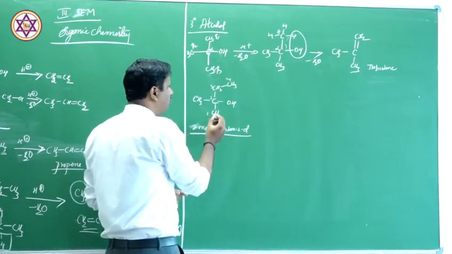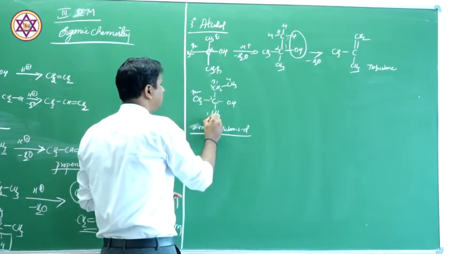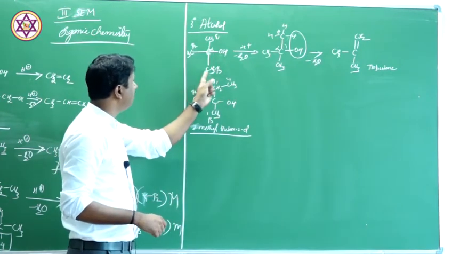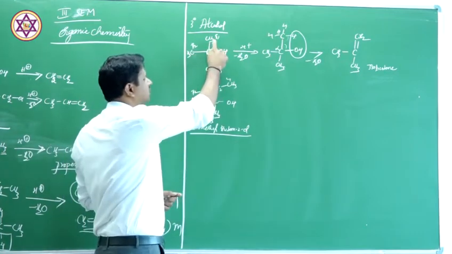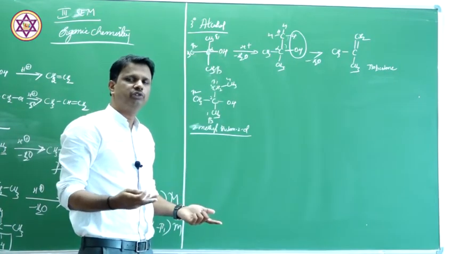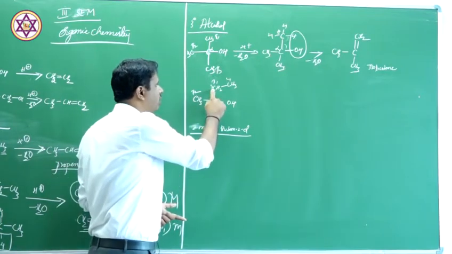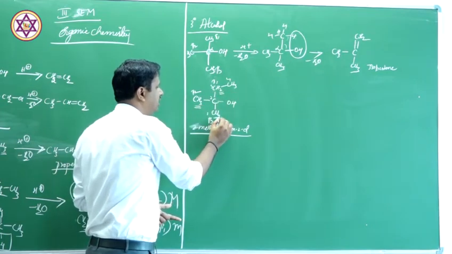So if you carefully look here, this is beta 1, this is beta 2, this is beta 3. Let us assume like that. In the earlier case, all the beta carbons have 3 hydrogens, so it doesn't matter which one you choose, the same compound will be formed. But in this case, beta 1 contains 2 hydrogens, beta 2 contains 3, beta 3 contains 3.